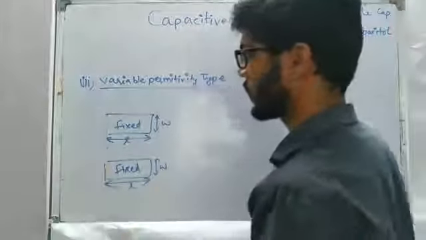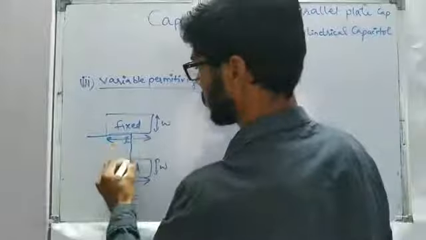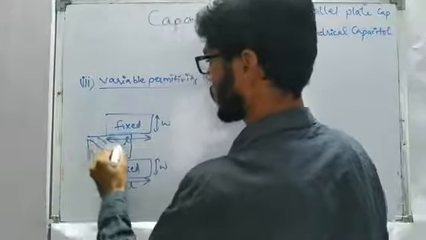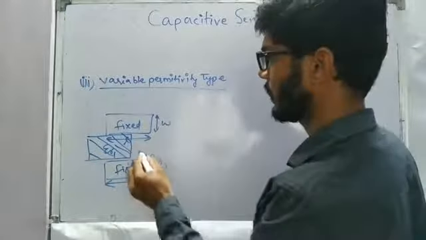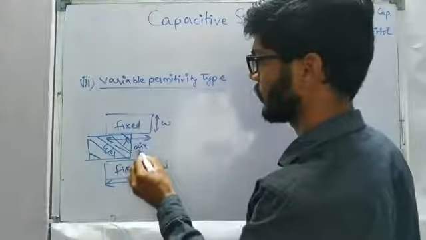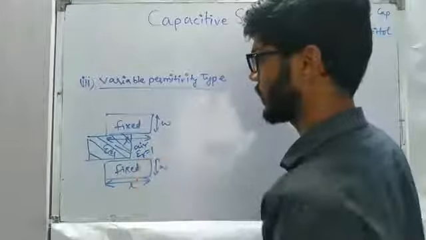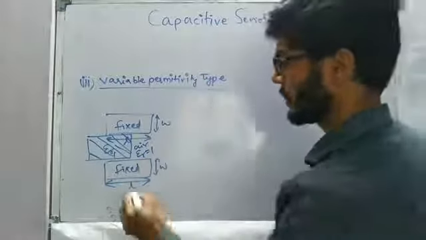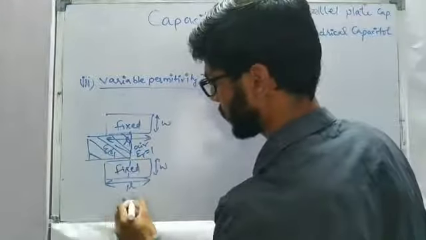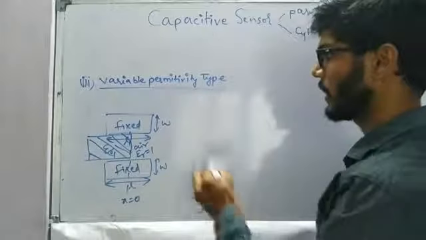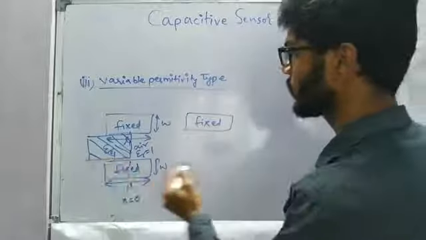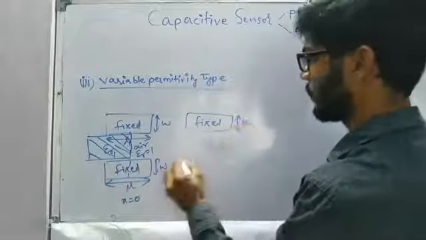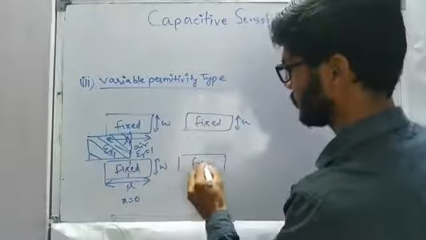This is the third type. So let us assume there is one dielectric medium which is having relative permittivity as ER1, and here it is going to have air which is having ER as 1. And this particular point we are taking as reference point, and now in the second case we are going to move this particular dielectric inside the plates.